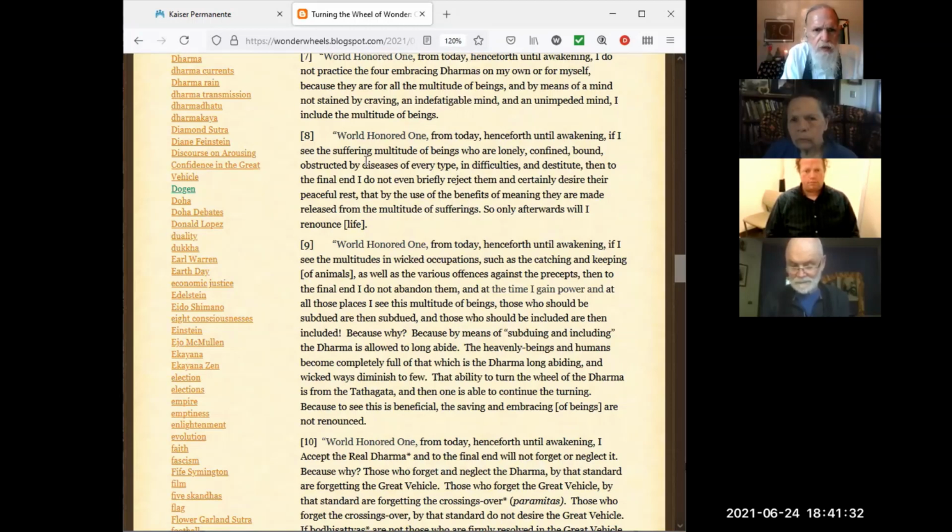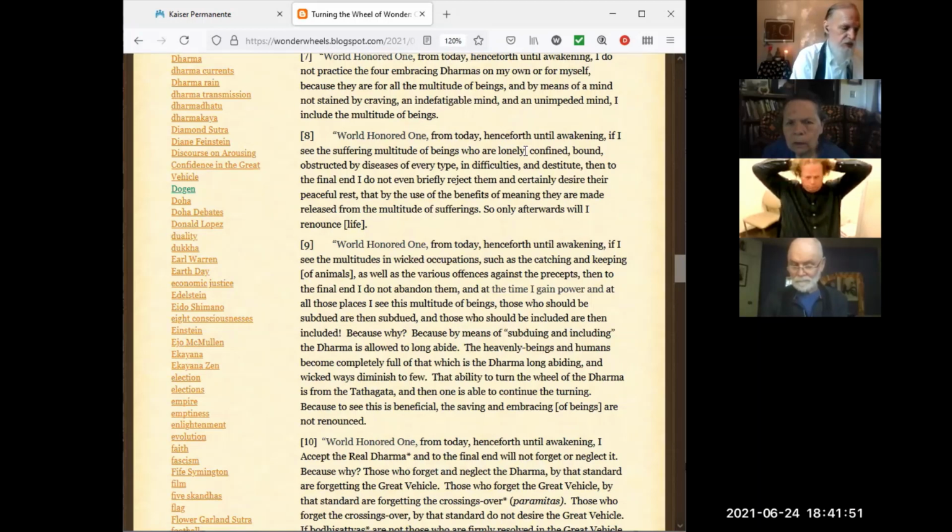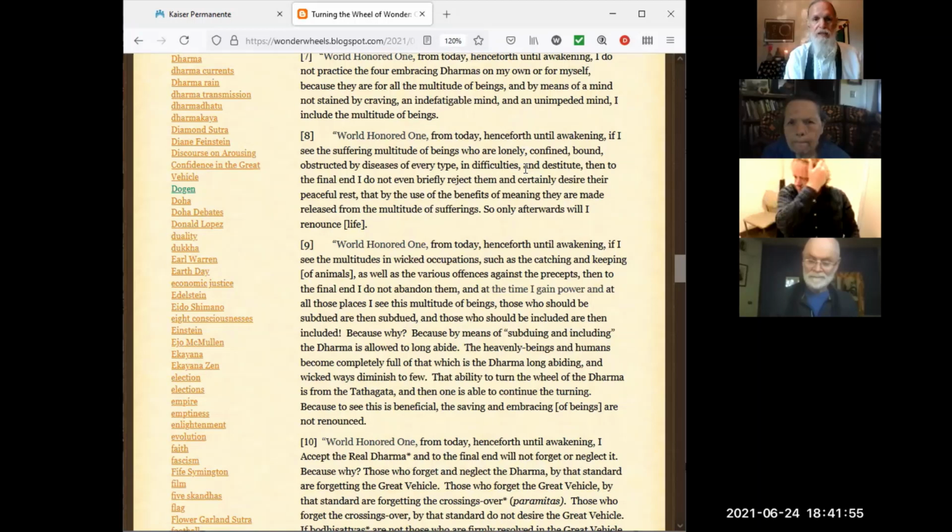Aloneness. Yes, beings who are lonely. And so in one case they translate what I would see as what Gunabhadra has as the word suffering as friendless, and then what Gunabhadra has as lonely, they also translate as friendless. So we don't know if that's them or if that's the Tibetan that they're working from in both.